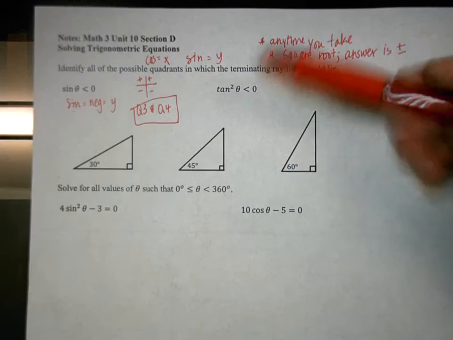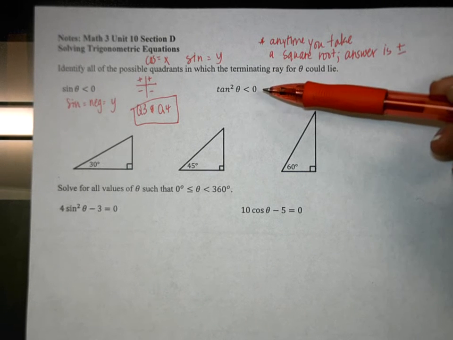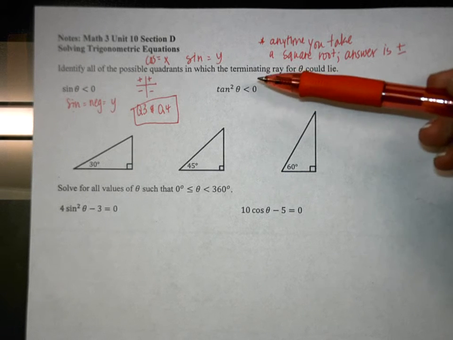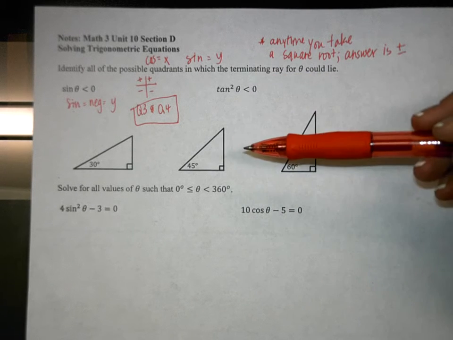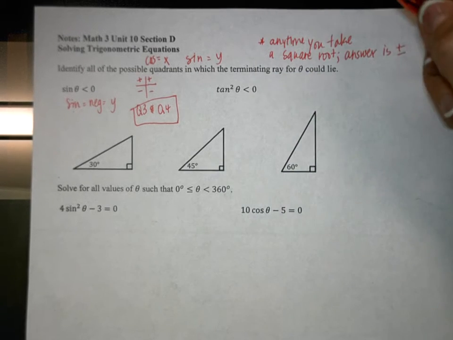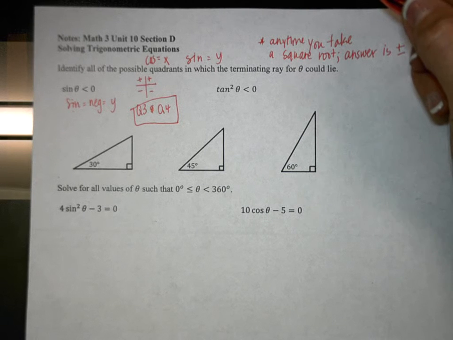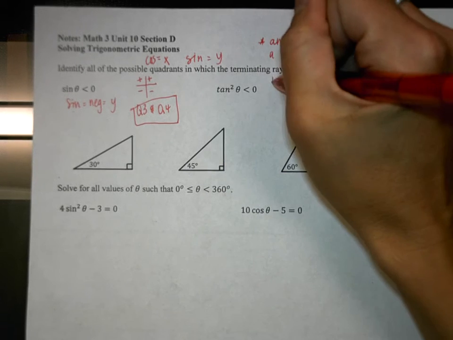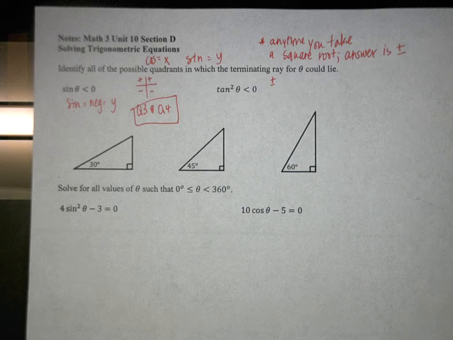Okay, on this next one, it says tangent squared is less than 0. Okay, and so first of all, this is telling us because it's being squared, our answer could be what? It can be positive or negative, because when you square something, if it's positive, it's going to become a positive, right?